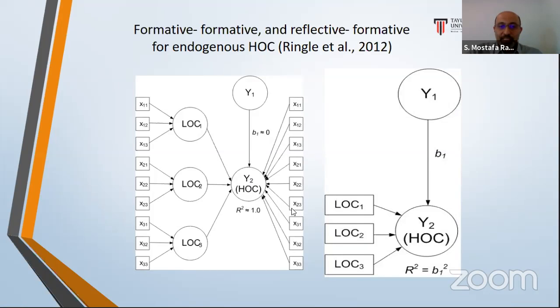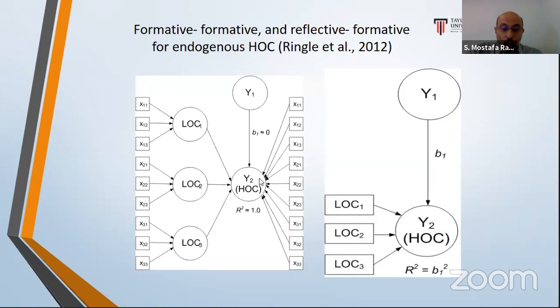So we use repeated indicators here. And you can see if you include Y1 as an independent variable and apply repeated indicators, the path coefficient or beta coefficient for the effect of Y1 on Y2 will always be 0.